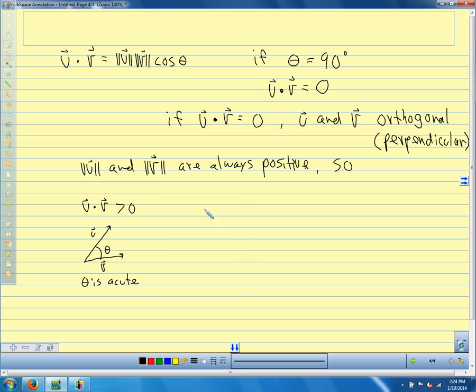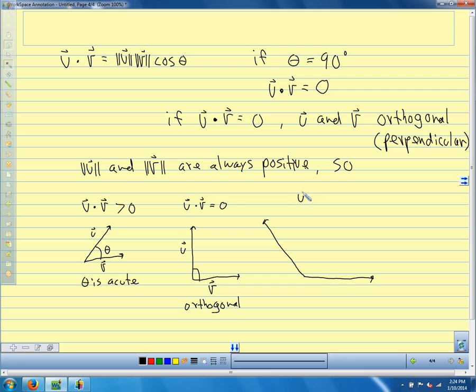We already decided that if u dot v equals 0, u and v are orthogonal. And we know that the cosine of an obtuse angle is negative.